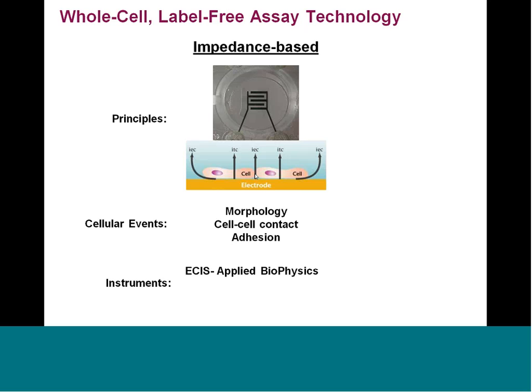Another one that I find interesting is the way that CellKey by Molecular Devices has applied this technology. I mentioned this was alternating current, so they use 7 different frequencies of alternating current.